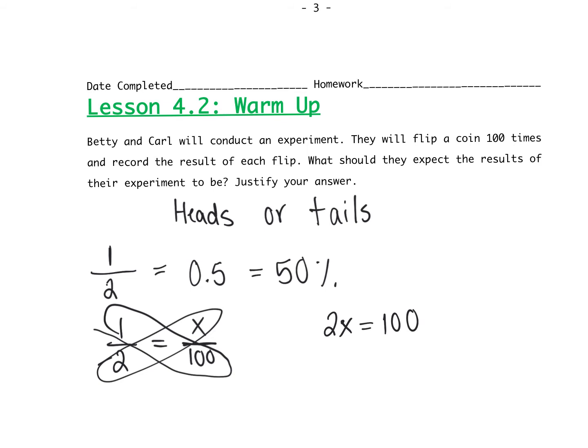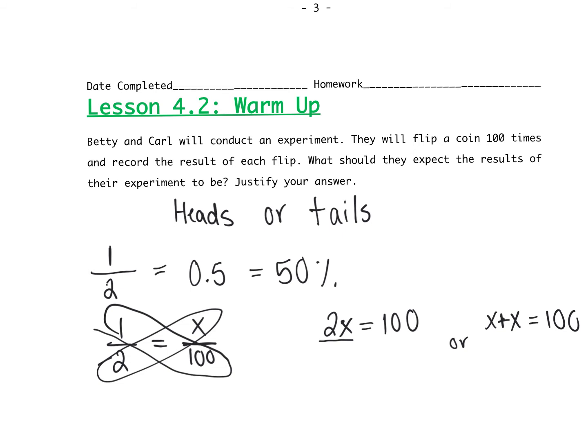You remember when a number and a variable are next to each other, that means multiplying. We're multiplying by 2, so to undo that multiplication, we need to do division. You can also think of 2x as x plus x equals 100. So we have 2 x's, and I want to know what it would be for 1 x.